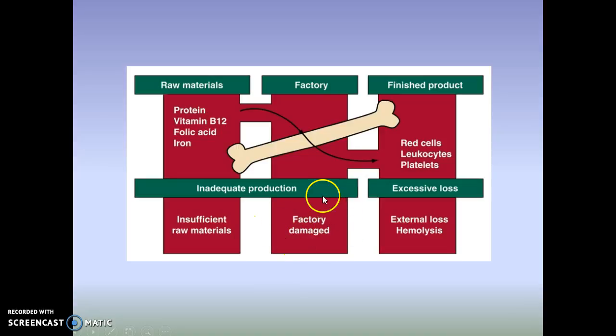Or is the factory damaged, and therefore either the red blood cells are not being made or they can't get out of the bone marrow to move into circulation. And then here, excessive loss, external loss, chronic blood loss or acute blood loss, and then hemolysis, a destruction of red blood cells.